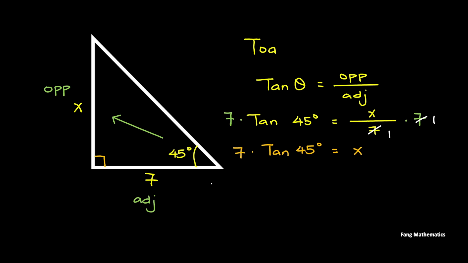That is, we are to use the calculator and get a 2 decimal place answer. So you are to press tan 45 on the calculator, and I believe you should get the answer as 1. Therefore, we are to replace tan 45 degrees with 1. On the left-hand side, 7 times 1 gives you 7, and equal to x. Now we have solved for the opposite side as 7.